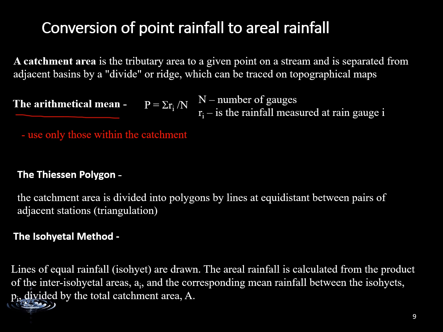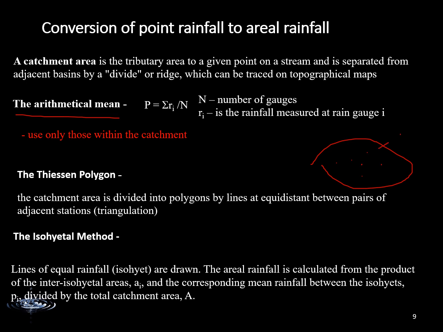We just sum the rainfalls within the catchment. So if you have 17 stations within the catchment, we take the average of all those stations, the average rainfall of all the stations, and then we just assume that is the mean rainfall in the entire catchment.